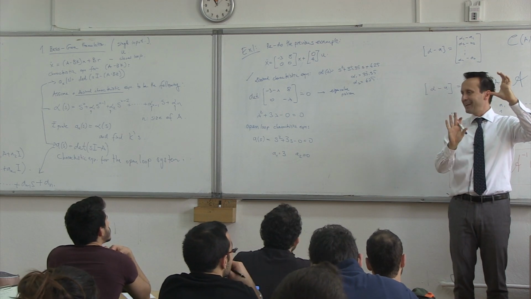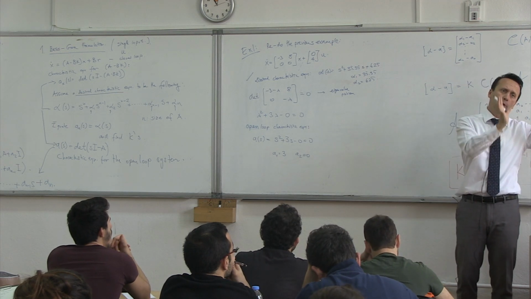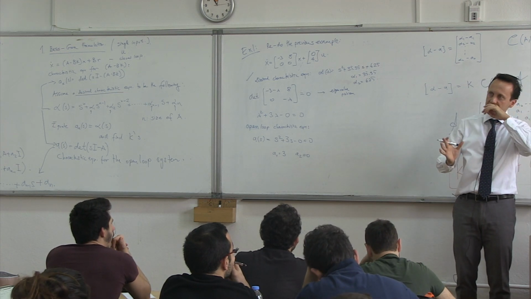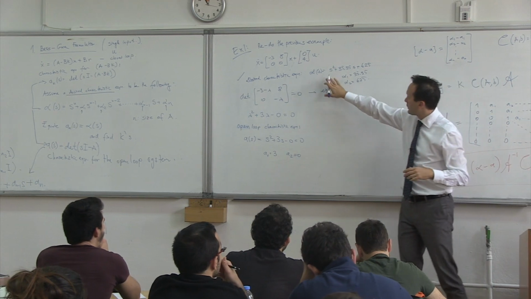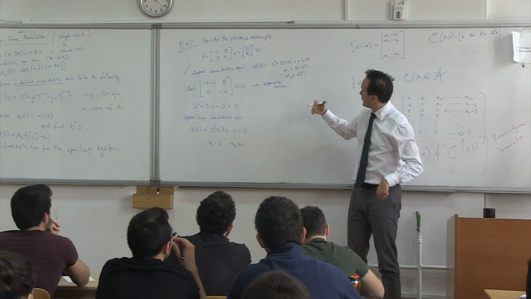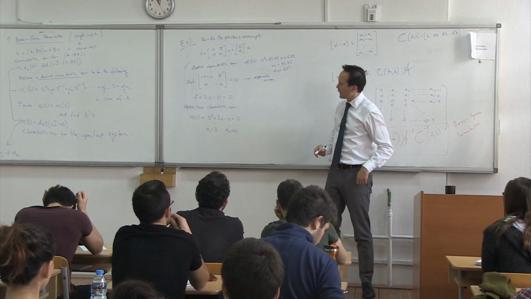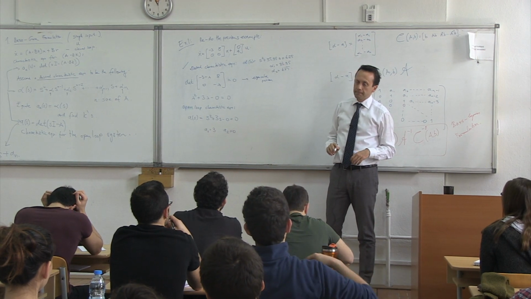We are adding a feedback gain K so that the closed loop looks different. So how do you want it to look different? That's up to you. So you need to have some sort of a desired characteristic equation or something. Where do you want to put the poles, right? So looks like that, and this is that. Any questions so far? Good.